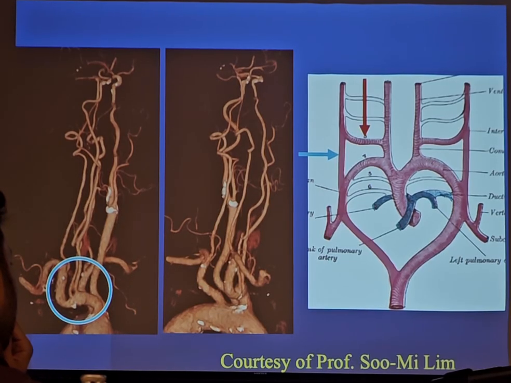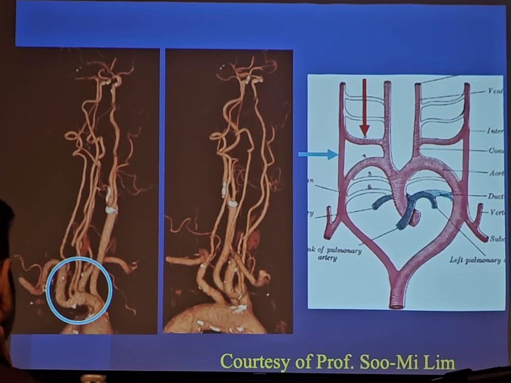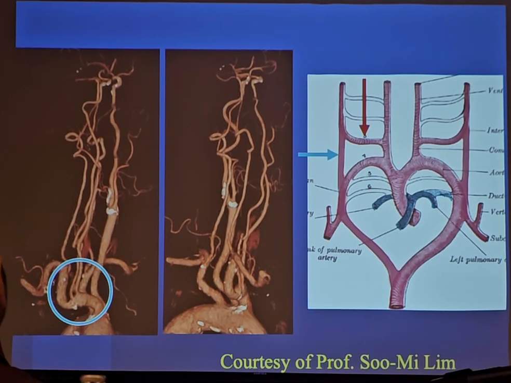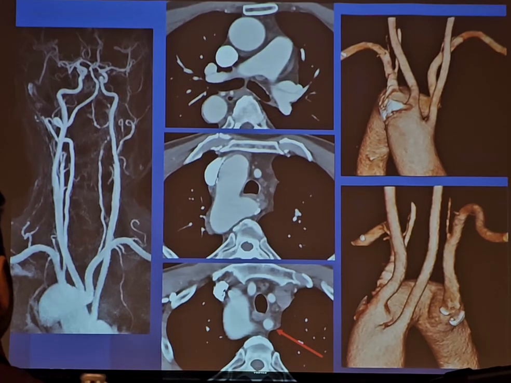What I think has happened is probably early regression of the third aortic arch. So the external carotid artery and internal carotid artery arise separately from the subclavian arteries. So something may change during the vasculogenesis and angiogenesis process.